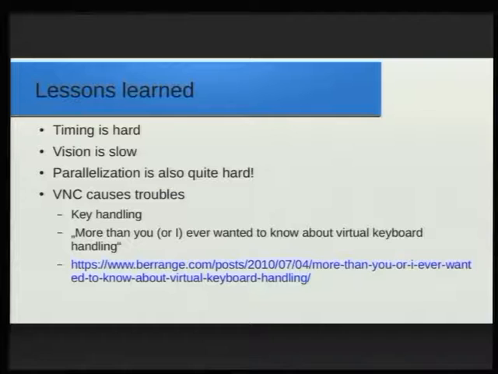For example, when we were sending keys over VNC and the computation was running, some keys disappeared. So the vision is now offloaded to another process, which is communicating with the main process. When an image appears, it gets it, runs several algorithms on it, and sends the results back to the main process.